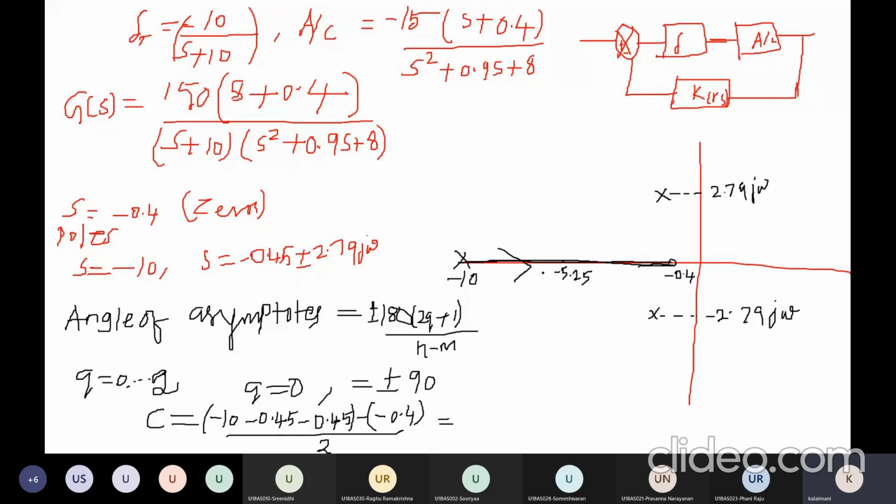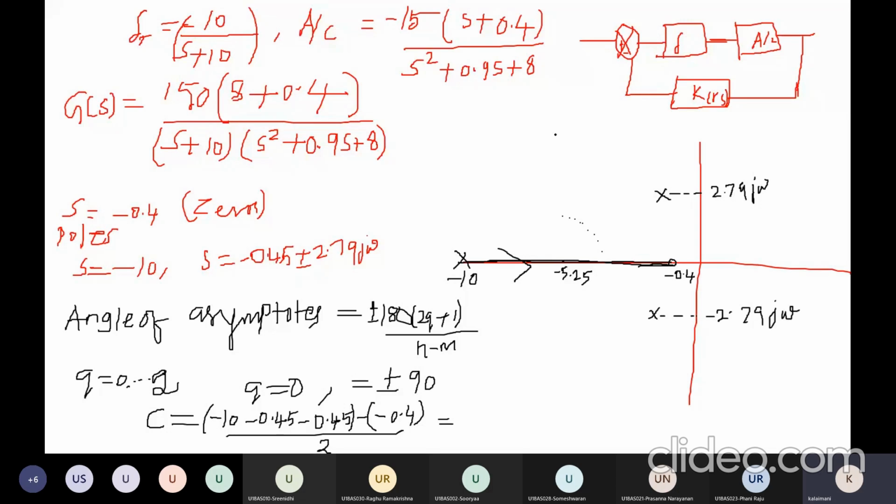The plus 90 degree is in the counterclockwise direction, minus 90 degree is in the clockwise direction. So if you place your protractor at this point, this angle is 0 degree, then 10, 20, 30, 40, 50, up to 90. When it comes to 90, it is exactly a vertical line.